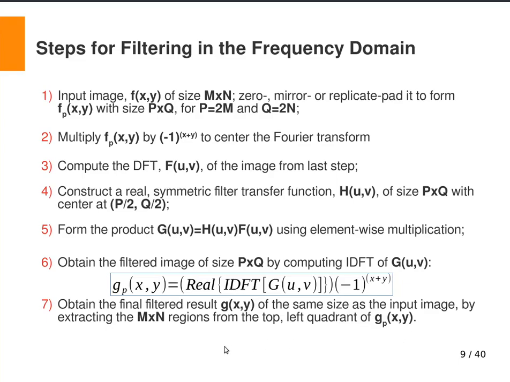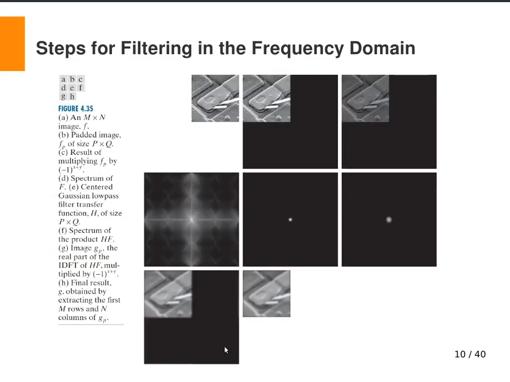Let's just see how it works in action. So here on top left we have this electron microscope image that we want to do Gaussian smoothing on in the frequency domain. So the first step is that we pad the image.